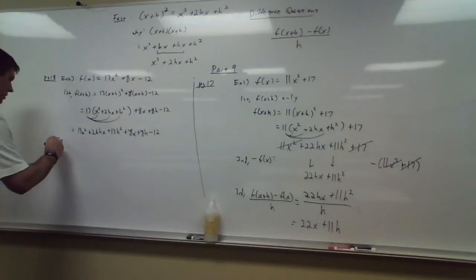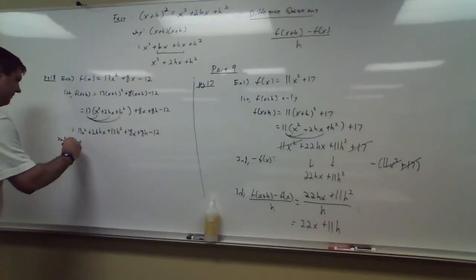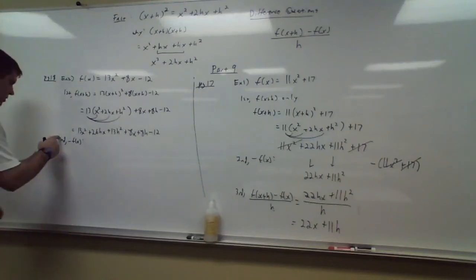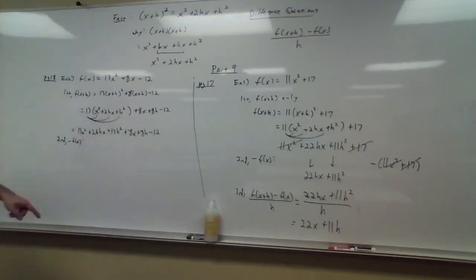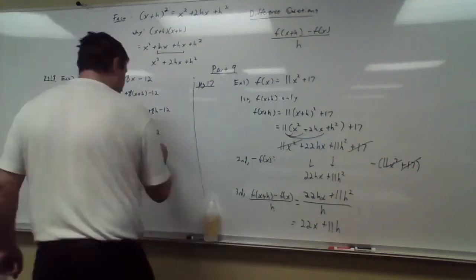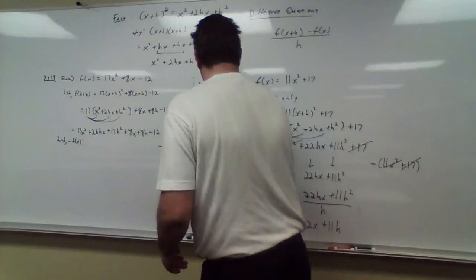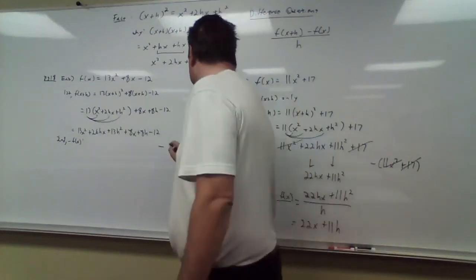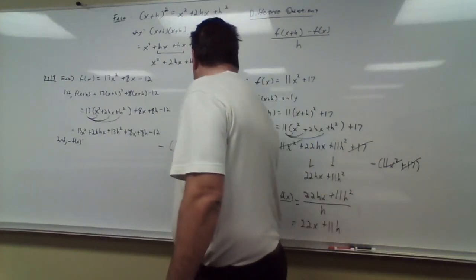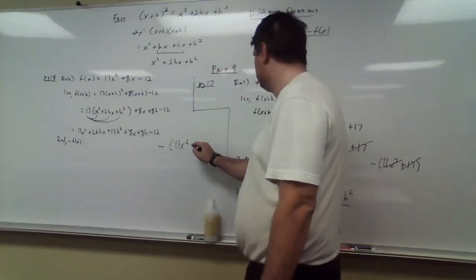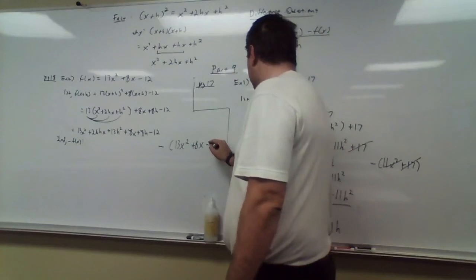Second, minus the f of x. So we're going to subtract the original f of x. So minus 13x squared plus 8x minus 12.